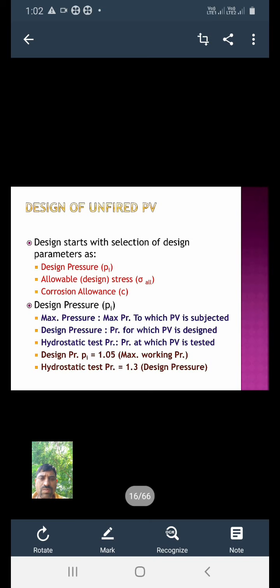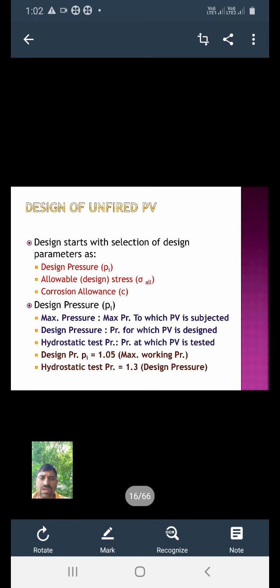First is the maximum working pressure. You should check the maximum working pressure to which the pressure vessel is subjected. Then the design pressure for which the pressure vessel is designed. Then the hydrostatic test pressure.